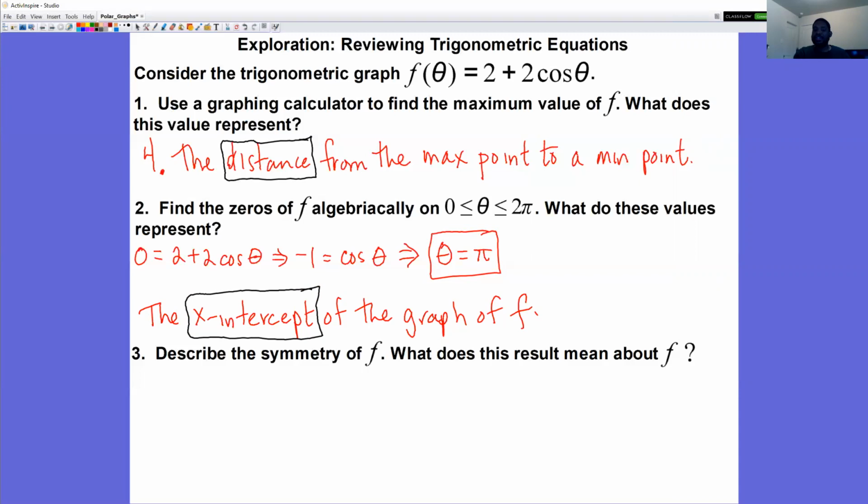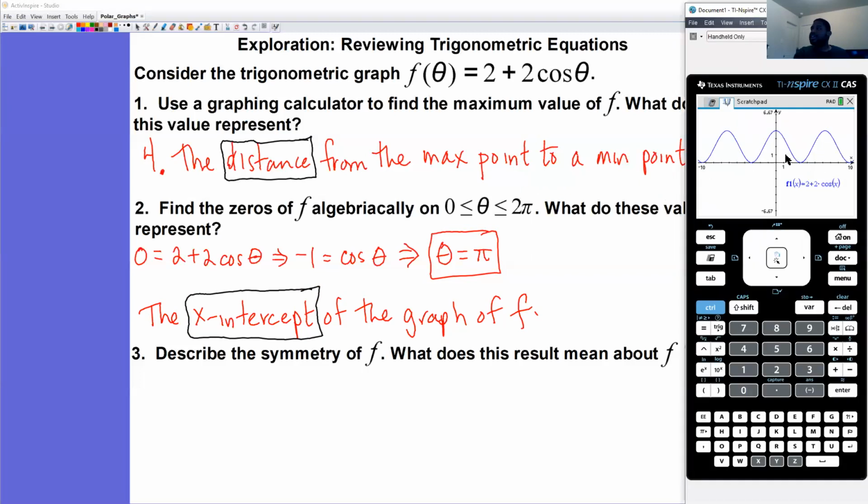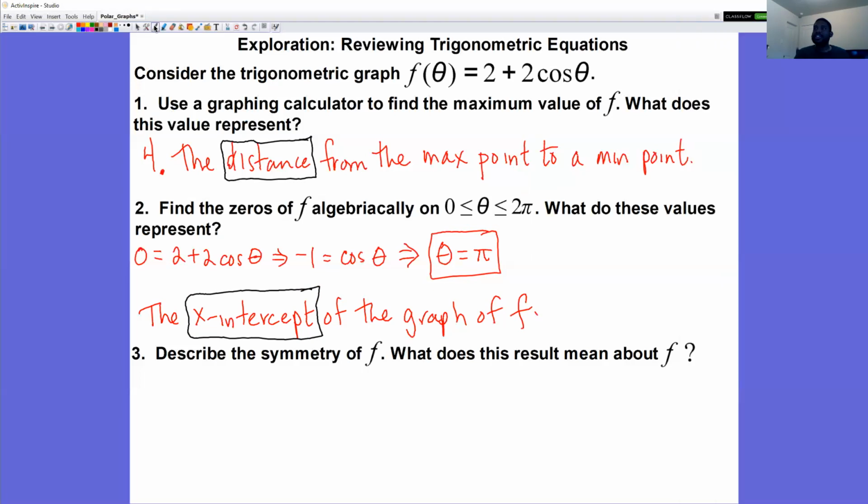So let me go back to the calculator again. And as you can tell, this has y-axis symmetry, because when you fold the graph about the y-axis, the graph folds on top of each other. So we can say f has y-axis symmetry. And then this result implies that f is an even function.